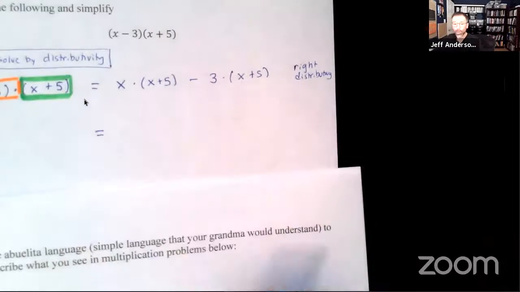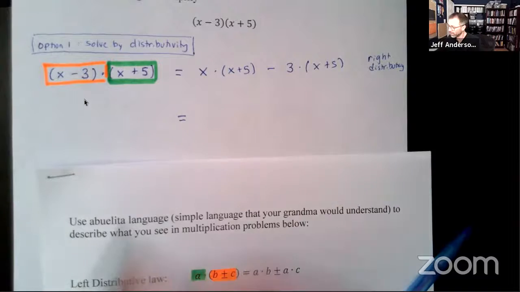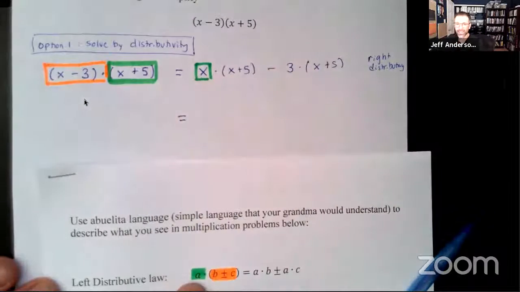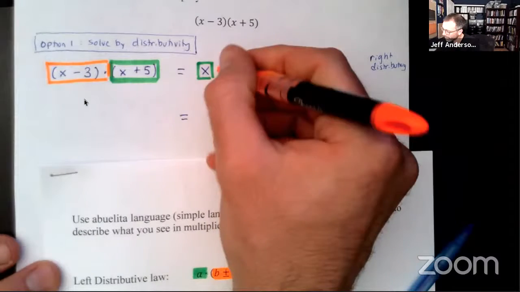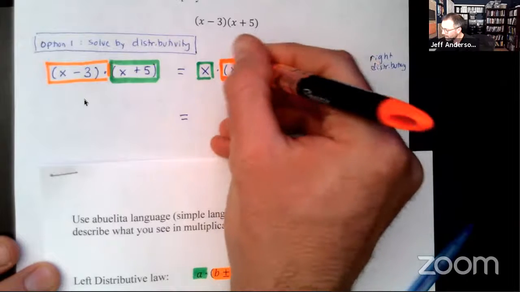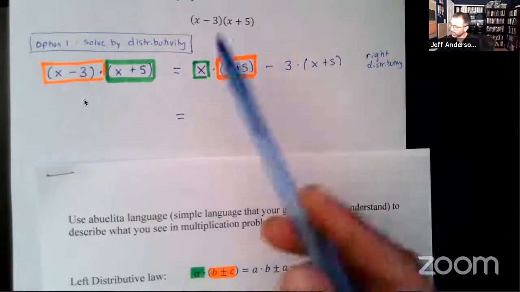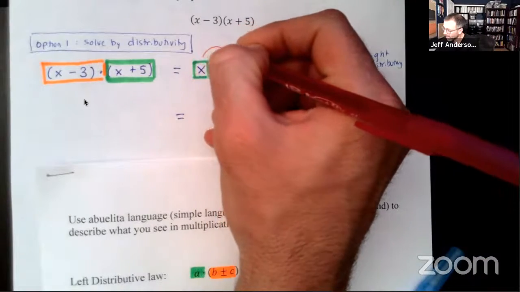What's crazy now, though, is that we have a similar problem show up again. Notice in this case, we're going to think about here's our chunk on the left-hand side. There's the A. I have a multiplication outside of A and an addition right there. So now all of a sudden, what does left distributivity tell me I can do? Well, left distributivity says that I can make it rain.